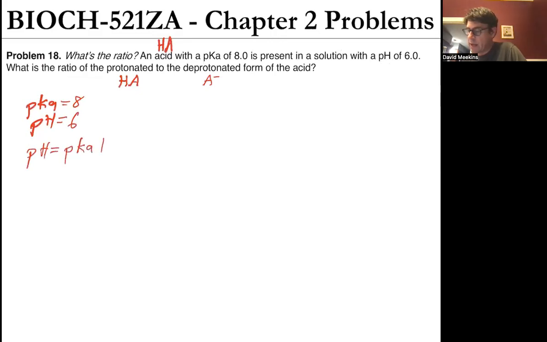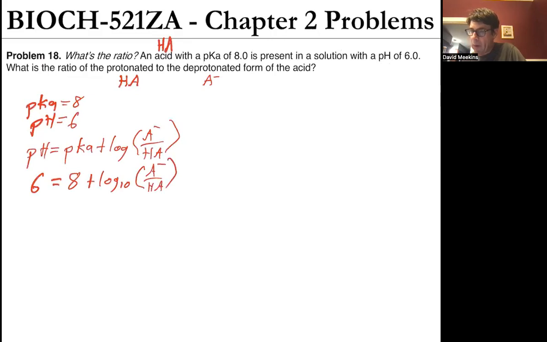pH equals pKa plus log of the conjugate base over the acid. We know that the pH is 6, so that equals 8 plus log, let's write the base 10, of the conjugate base over the acid. Let's just do algebra.